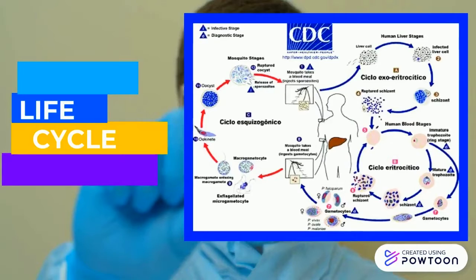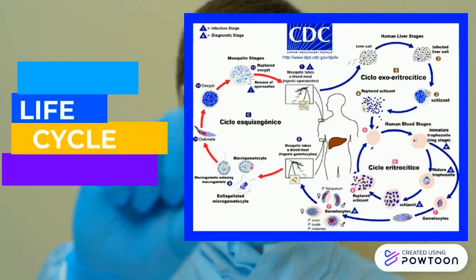The parasite's multiplication in the mosquito is known as the sporogonic cycle. While in the mosquito's stomach, the microgametes penetrate the macrogametes, generating zygotes. The zygotes in turn become motile and elongated, which invade the midgut wall of the mosquito, where they develop into oocysts.